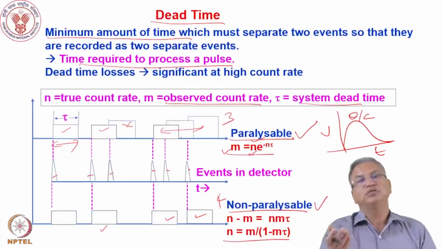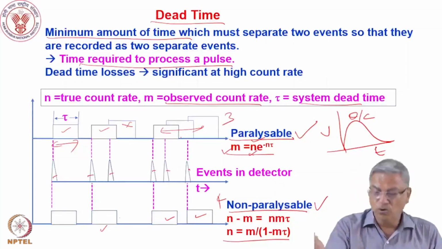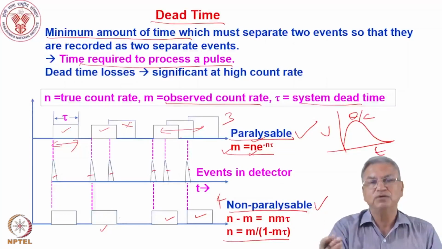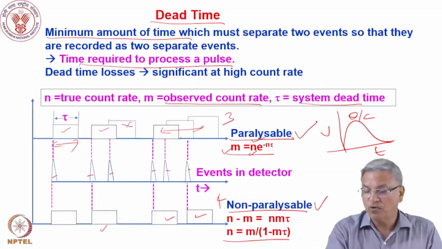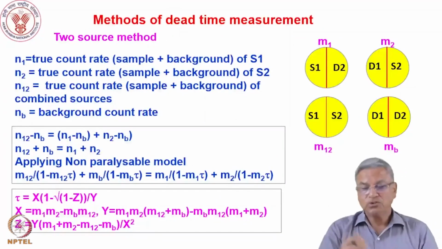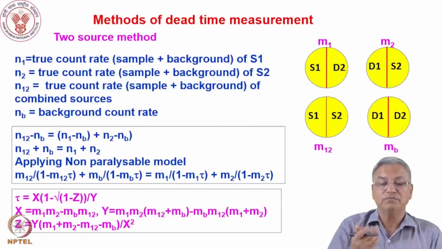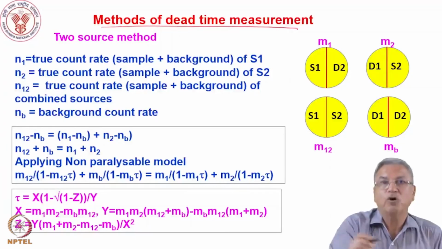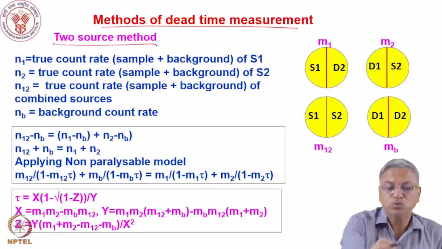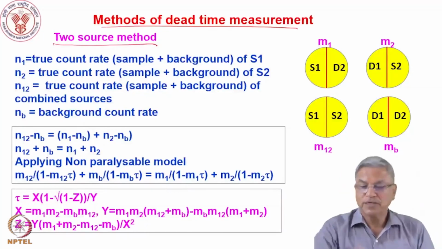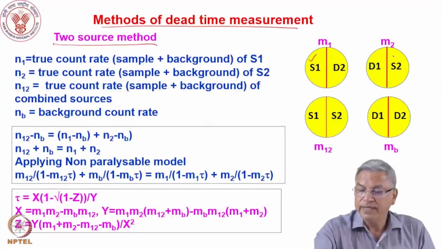The detector system will follow either parallelizable or non-parallelizable. One has to do an experiment to see what kind of model the detector follows. So let us see how one can determine the dead time of a detector system. For this purpose, people follow a two-source method, let us say S1 and S2.